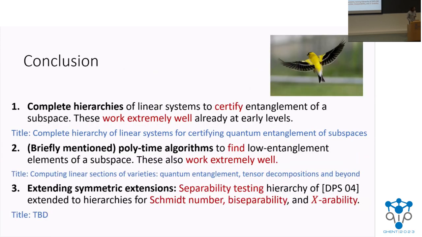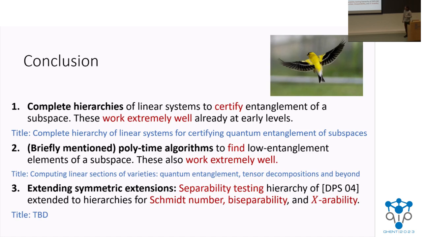All right, so I'm going to wrap up. I showed you complete hierarchies of linear systems for certifying entanglement of a subspace. And these work extremely well already at early levels, in that they certify the corresponding notion of entanglement in a generic linear subspace of dimension a constant multiple of the entire Hilbert space dimension in polynomial time.